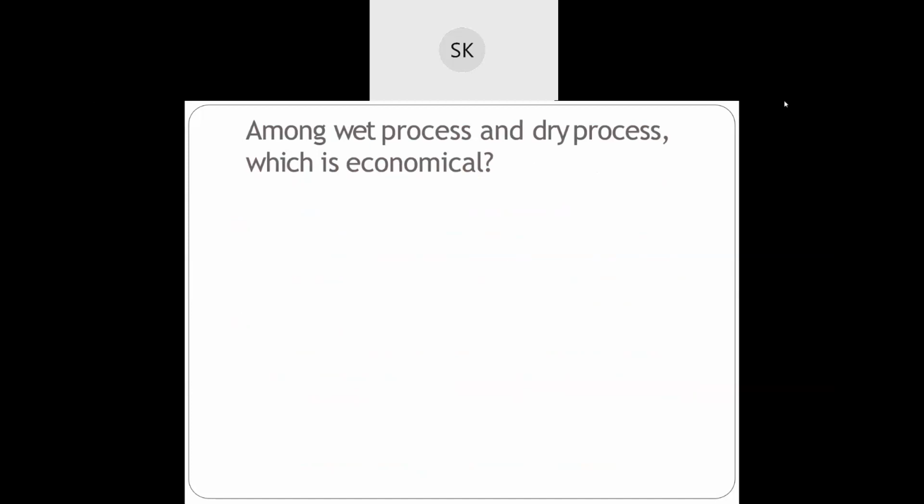Now you just tell me, among wet or dry process, which one is economical as per you? What do you think, which one will be economic? Dry or wet? Dry process, ma'am, I guess. Dry process. Okay. What about others? Tell me. Hmm? No one replies. What happened?